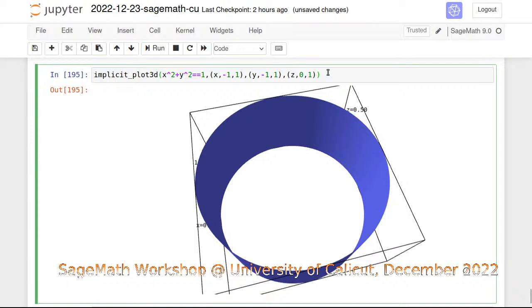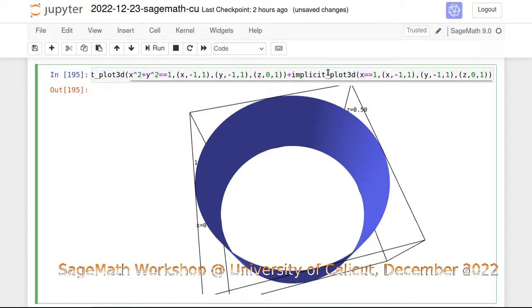Now you can plot the plane as well using this. Here it's not very difficult to do x equal to 1, say, and define some opacity as well.